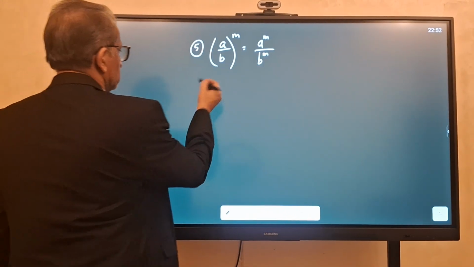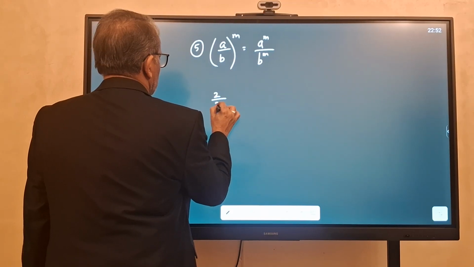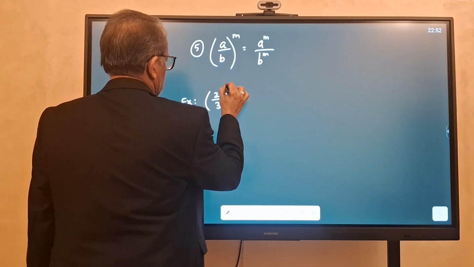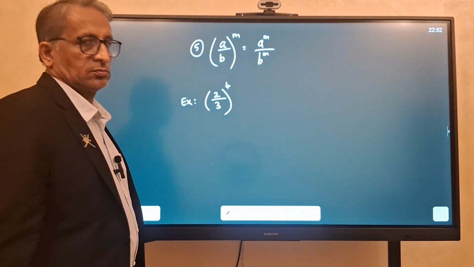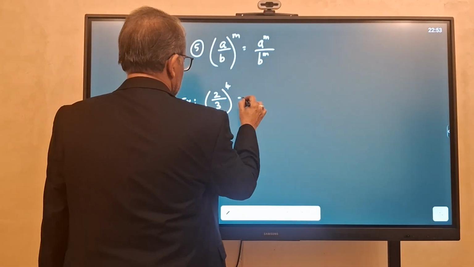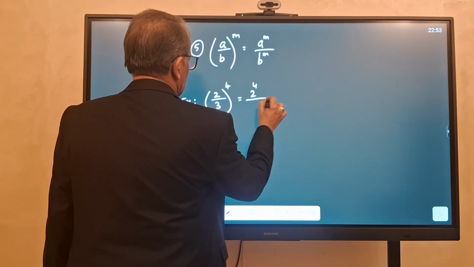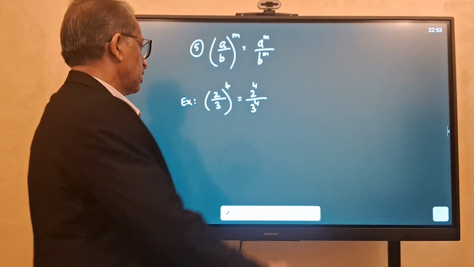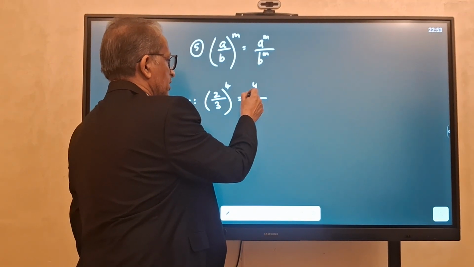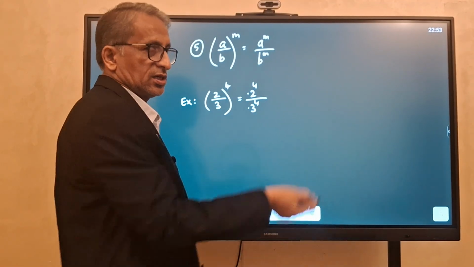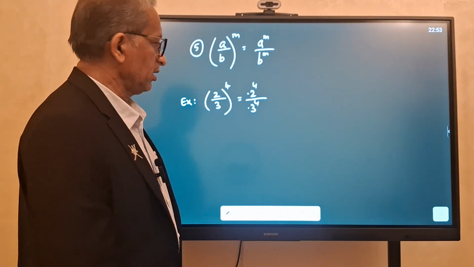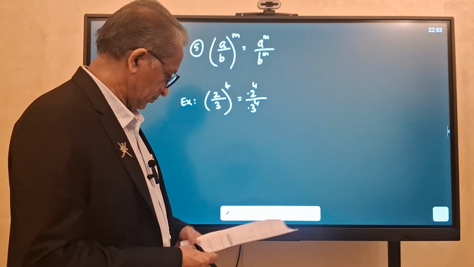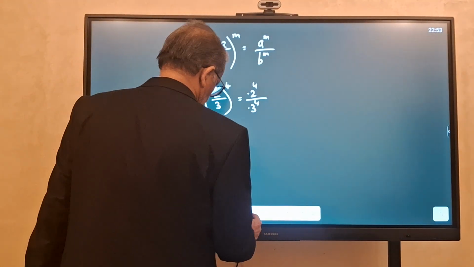For example, (2 by 3) power 4. Then this is 2 to the power 4 by 3 to the power 4. So I separate it. But I cannot combine these two because the base is 2 and the base is 3, which are different. I cannot use law number 2. So I leave it as it is. This is law number 5.